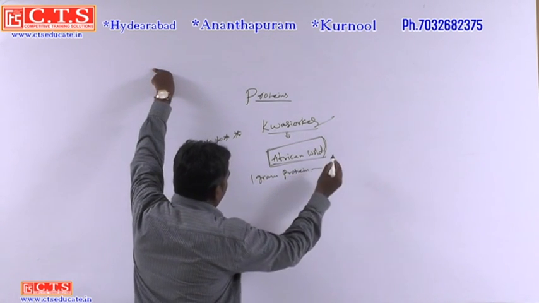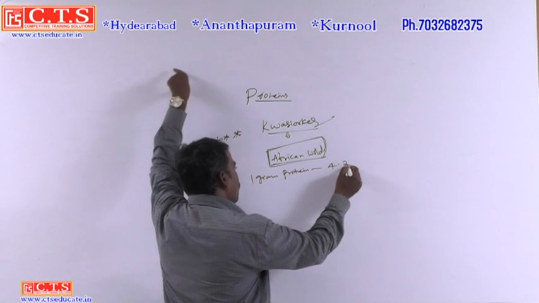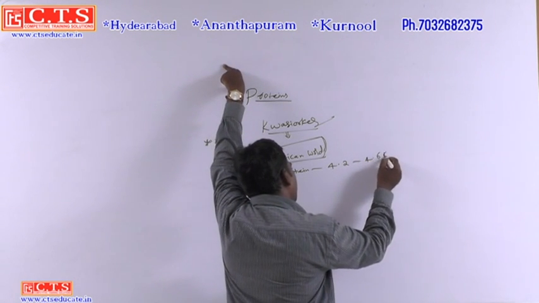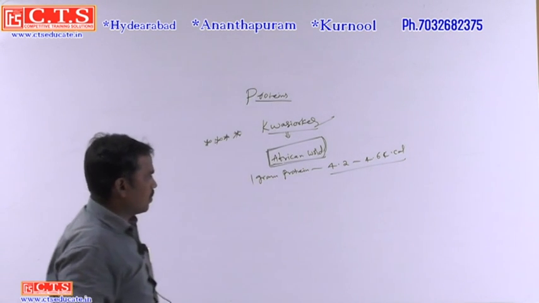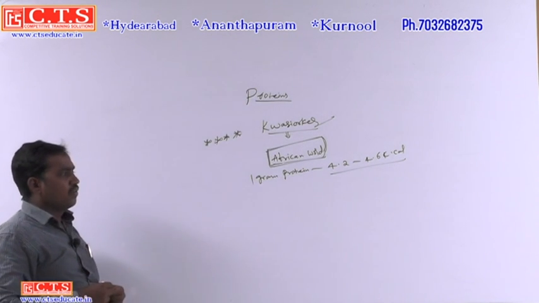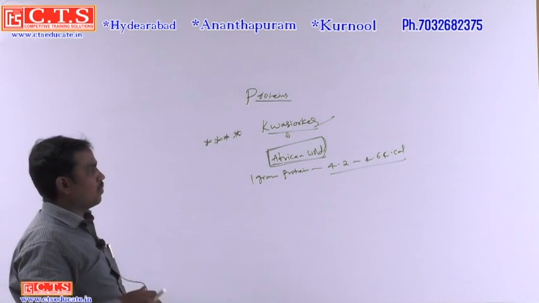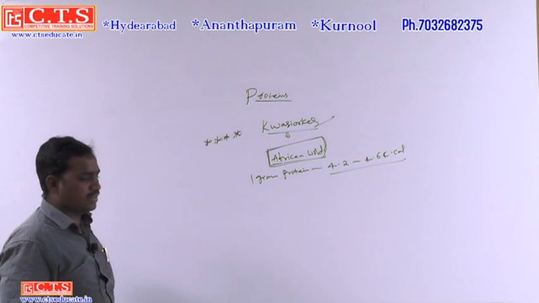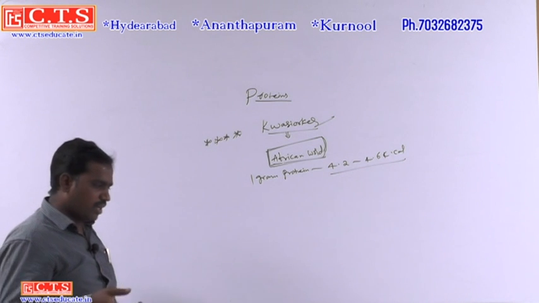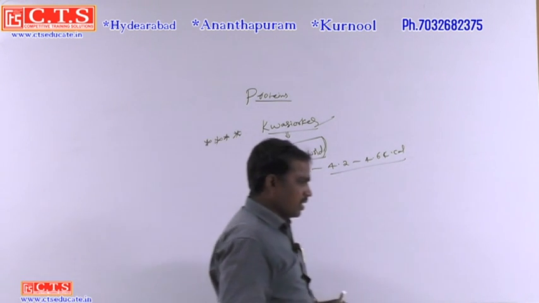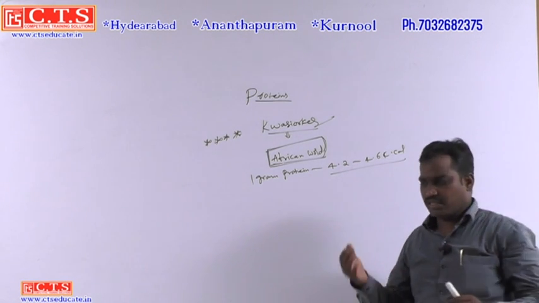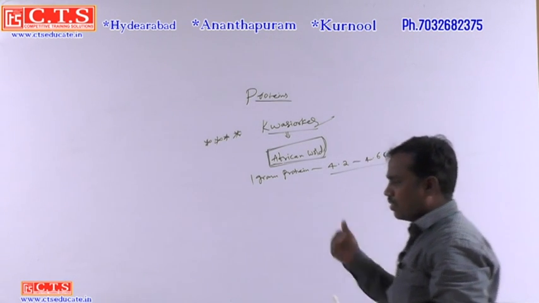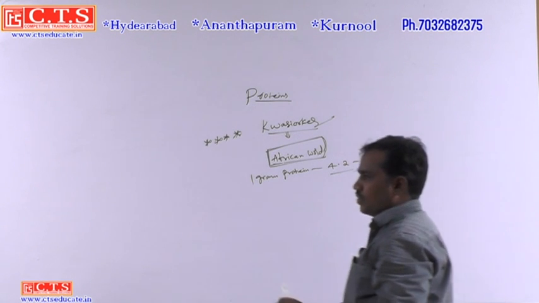Next one, 1 gram protein is equal to 4.2 to 4.6 kilocalories. A repeated question in competitive examinations: deficiency of proteins in the human body causes Kwashiorkor.